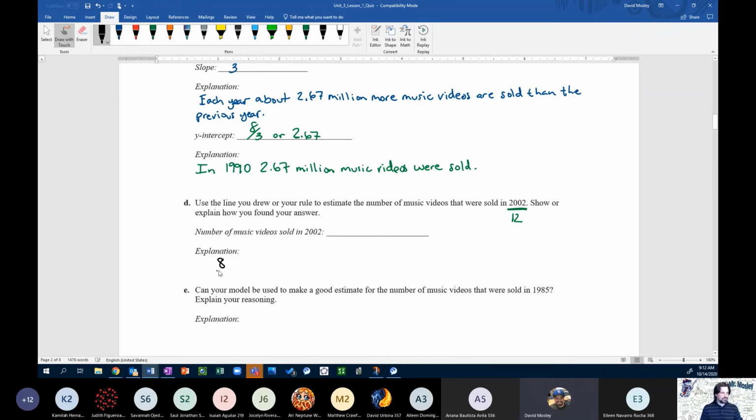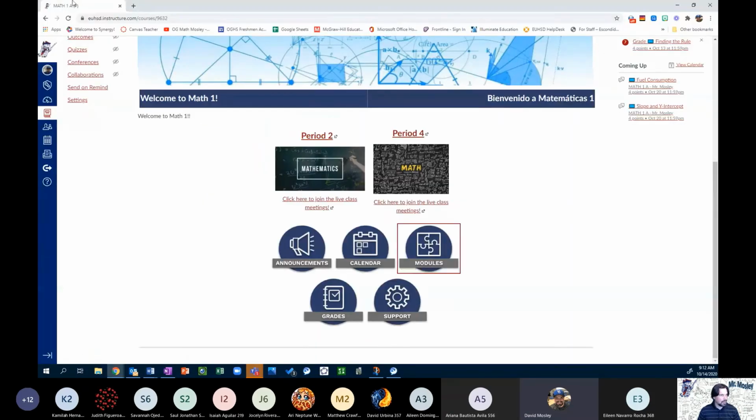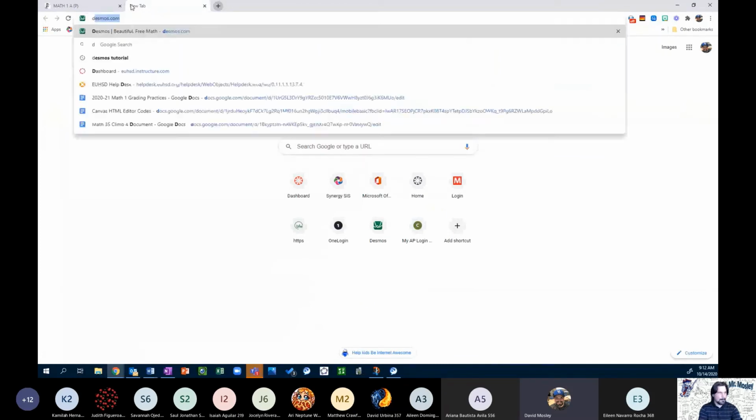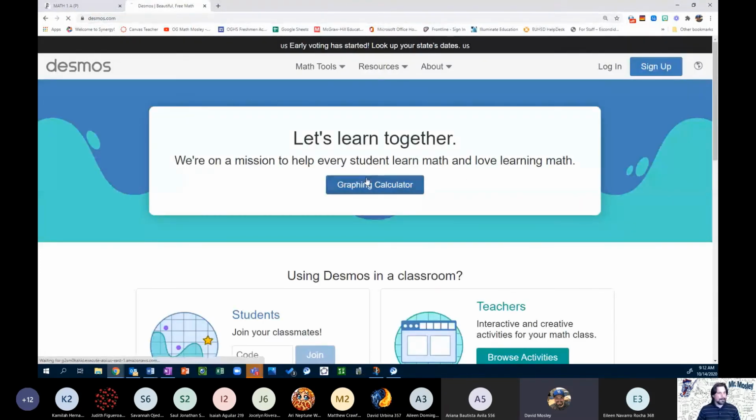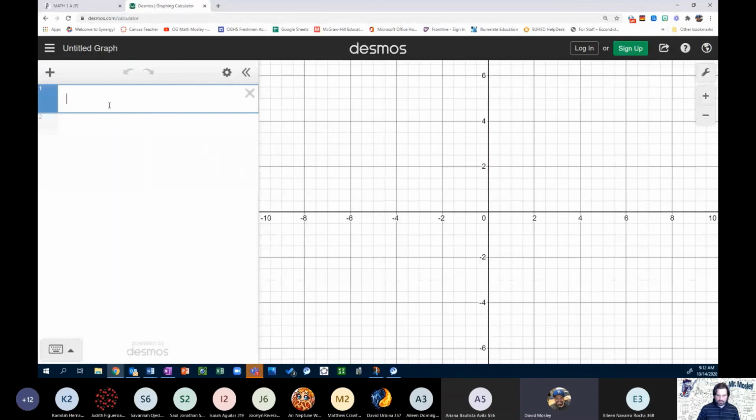That's going to look like this. We have 8/3 times 12 plus 8/3. And we just need to put that in our calculator. So let's actually do this in Desmos. So we have 8/3 times 12 plus 8/3.